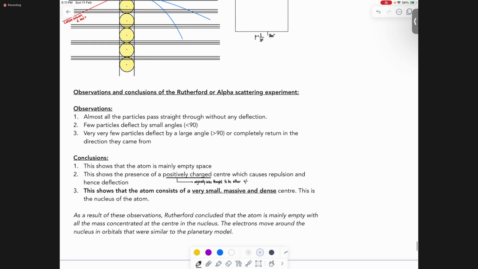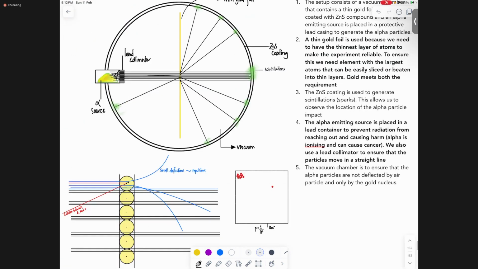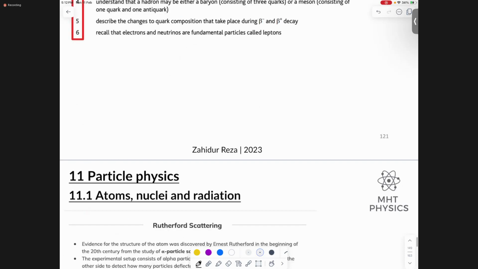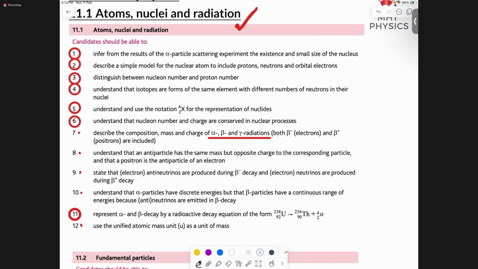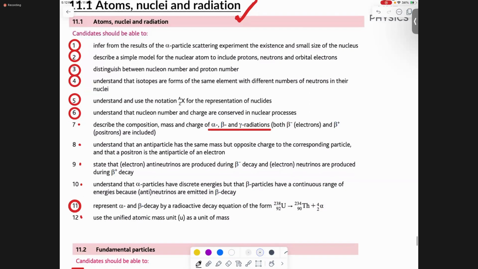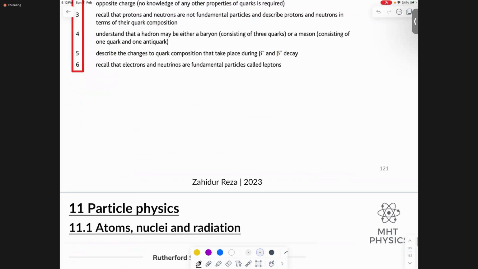All right, so let's start. We're done with the checklist. Let's see what's done here. I think 1 2 3 4 5 6, 11. Okay, up to 5 is done.